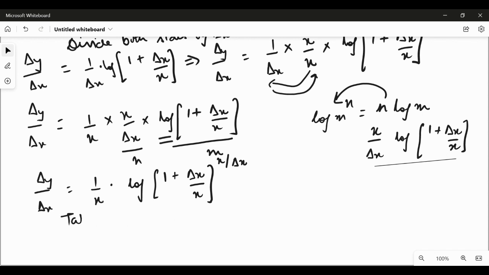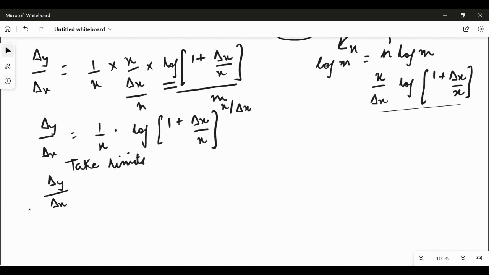Next step is that we will take limits. Whenever we take limits, what does this mean? It means that delta x approaches toward 0. Okay. So delta x approaches towards 0. This is equal to dy by dx. And what we can write here, you can see here. Here we have delta x, it means 0. 0 by x is 0. Fine.